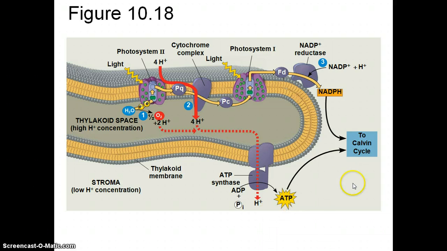So we end up with ATP being produced, again, outside of the thylakoid membrane in the stroma of the chloroplast. And that ATP is now available to help make the Calvin cycle run. So that, in a nutshell, are the light reactions of photosynthesis.